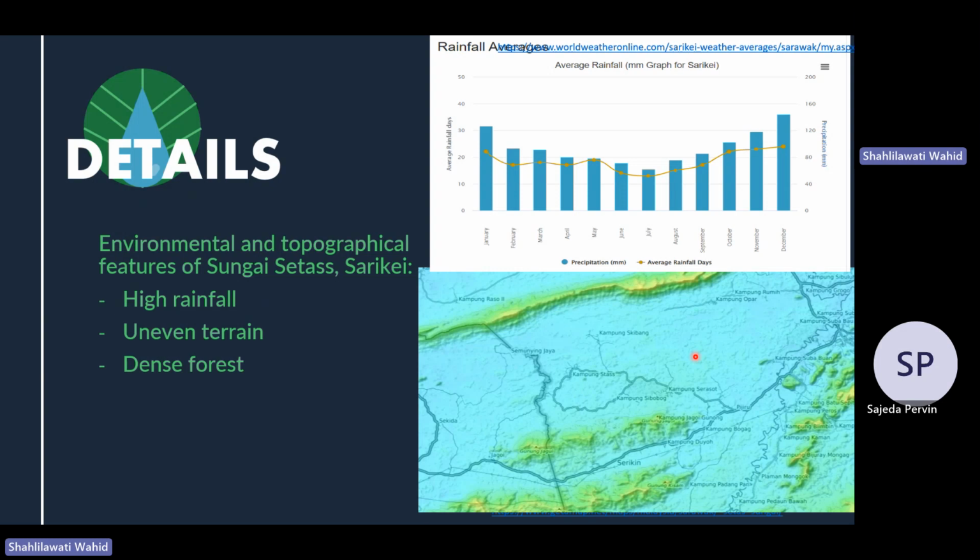The blue part is the land below sea level, and as the color frequency gets higher, the height of the land gets taller. Since Sungai Setas is located in a tropical rainforest, it has uneven terrain and dense forest, and this could pose challenges to our project.